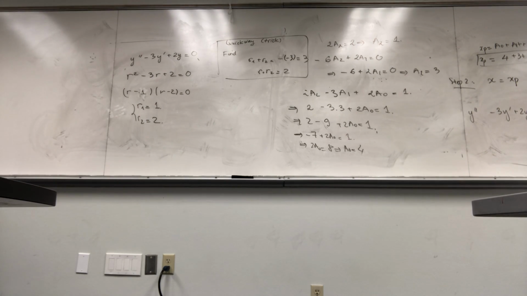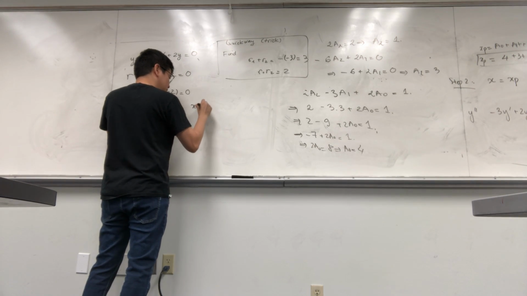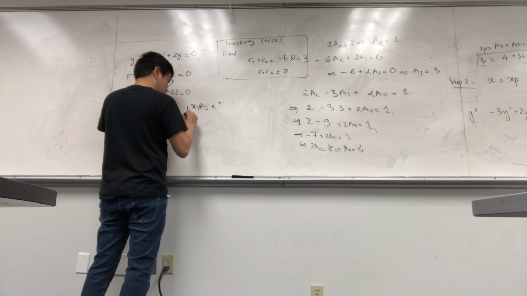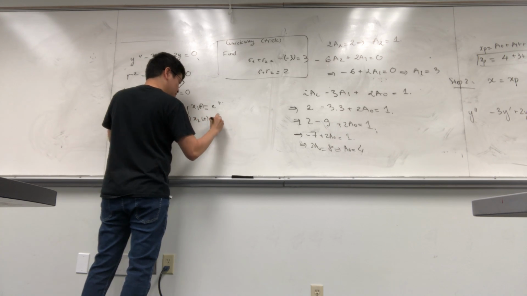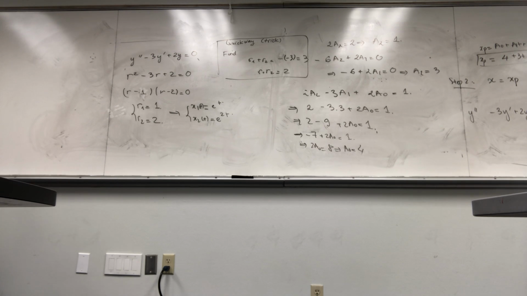What is x1 and x2? x1 is e to the t, and x2 is e to the 2t. So now you have x1 of t is e to the t, and x2 of t is e to the 2t. It's clear?